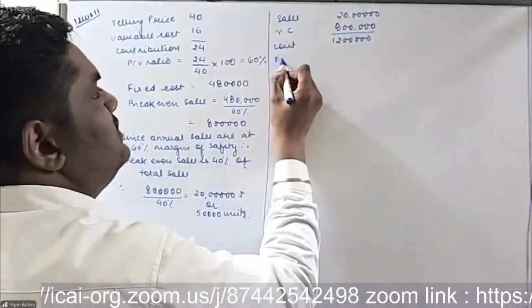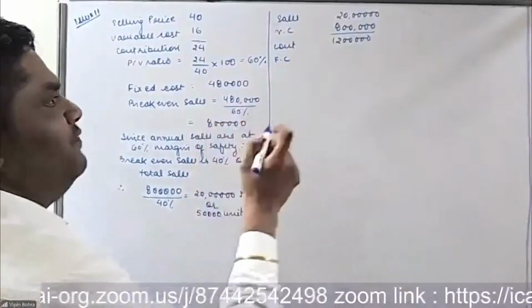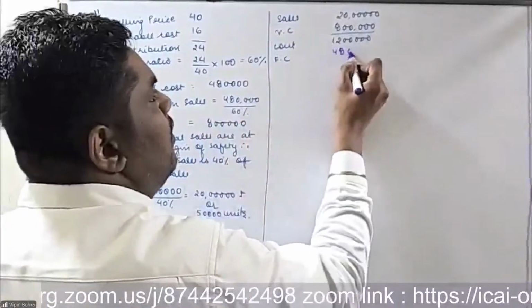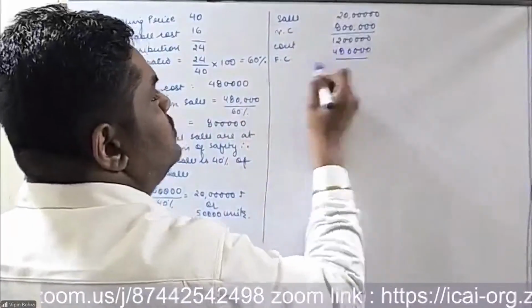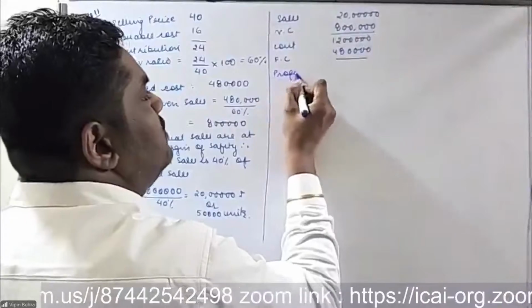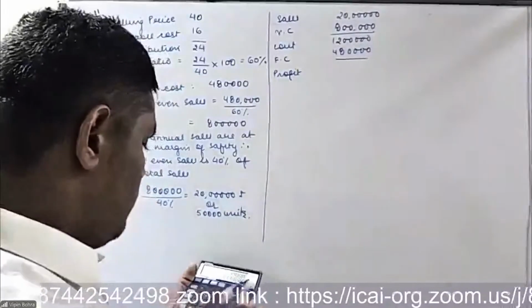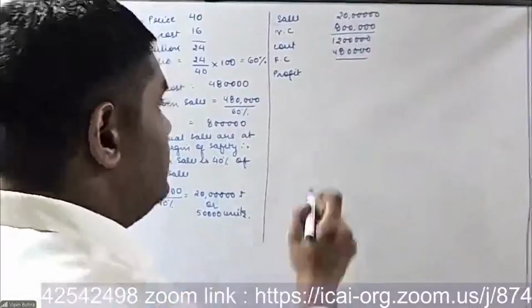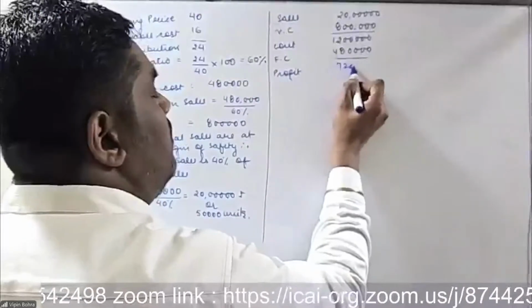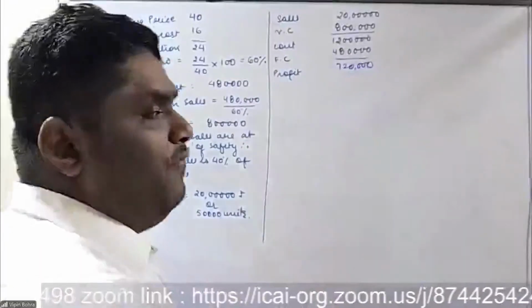Further, my fixed cost is given, that is 4,80,000. So my profit will be 7,20,000.